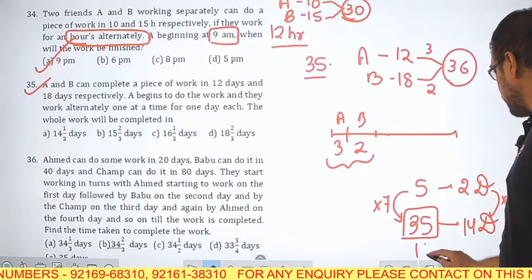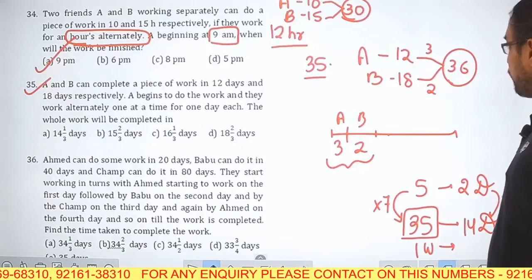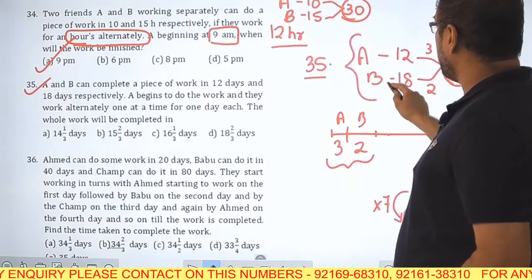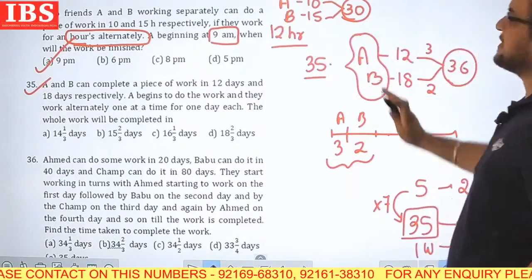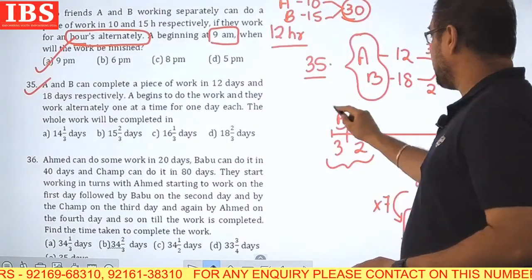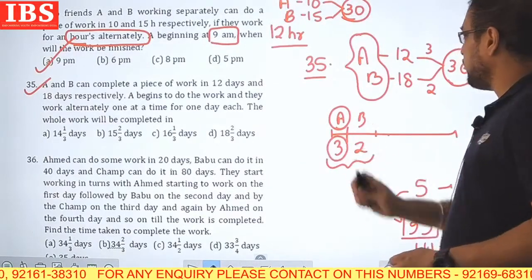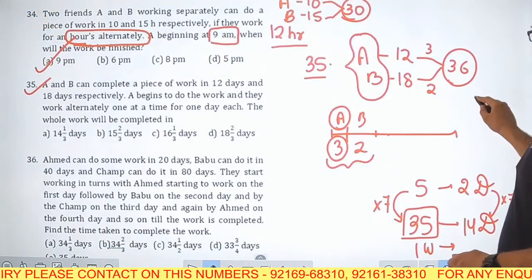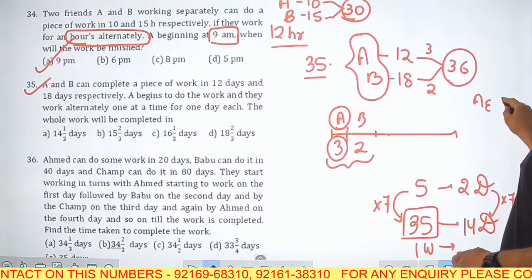One work is left. So who will take it now? A and B have done their complete cycles together, so now A will come up. A completes 3 work in 1 day, so A's efficiency is 3.